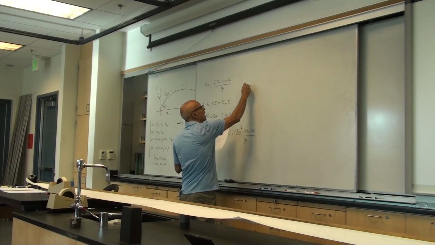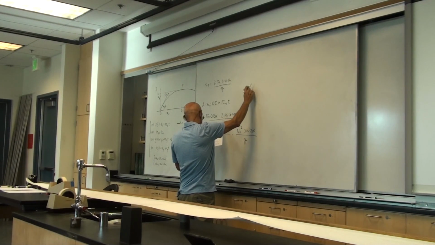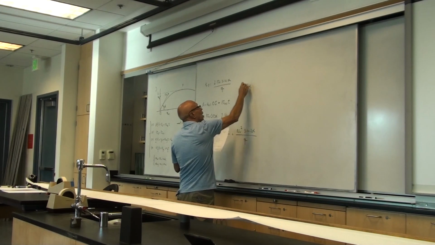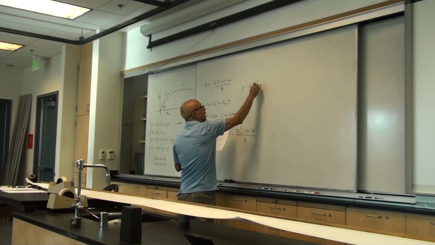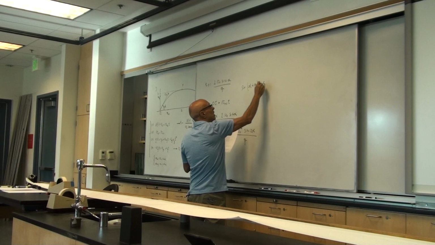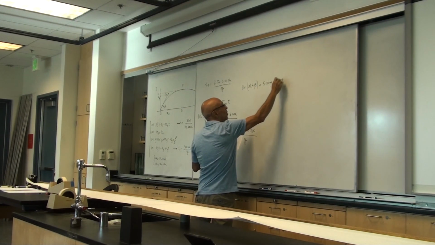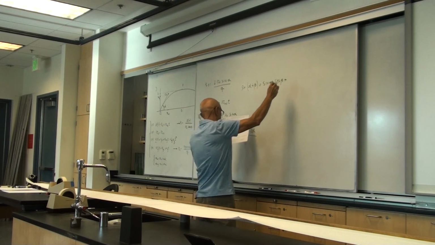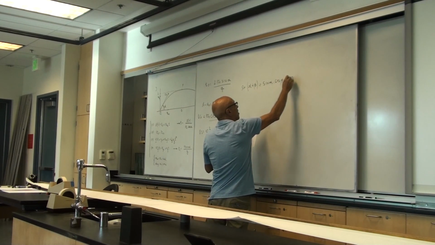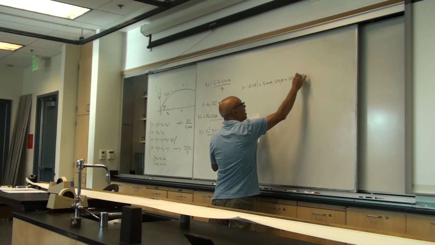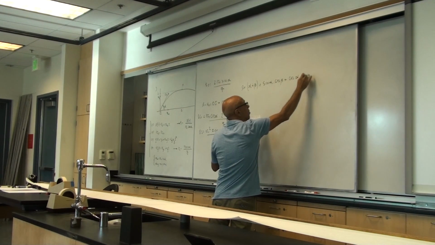So sine of alpha plus beta is going to be sine alpha times cosine beta plus cosine alpha sine beta.